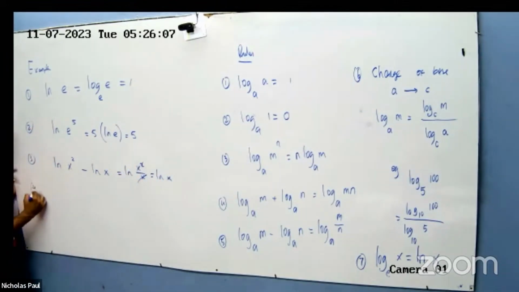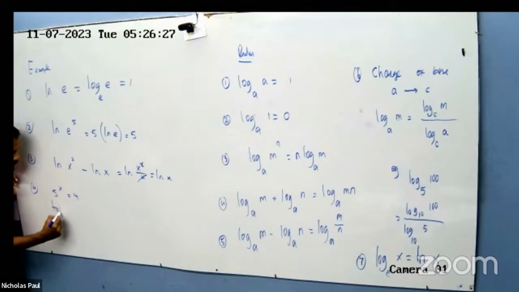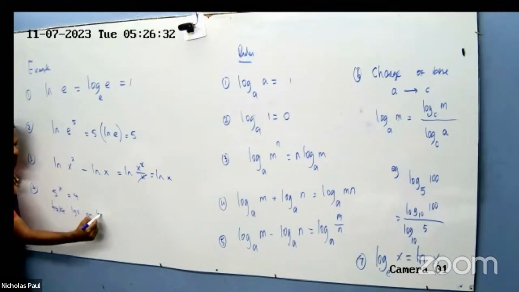What about if we have to solve something like this? 5 to the x is equal to 4. What do you do here? The problem here is that we can't convert 4 to the base 5, nor 5 to the base 4. So what you have to do here is take logs on both sides.